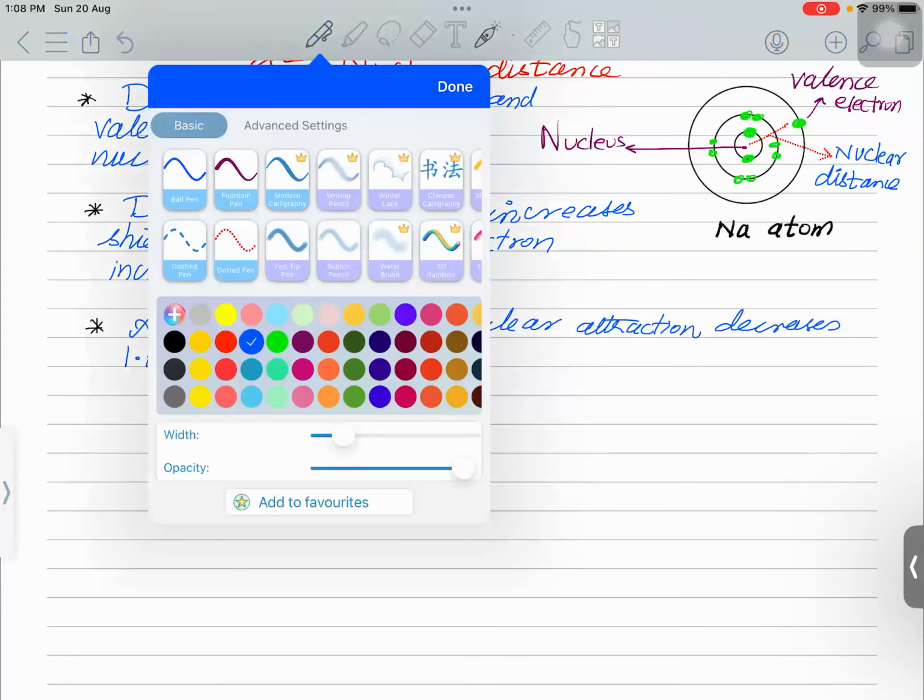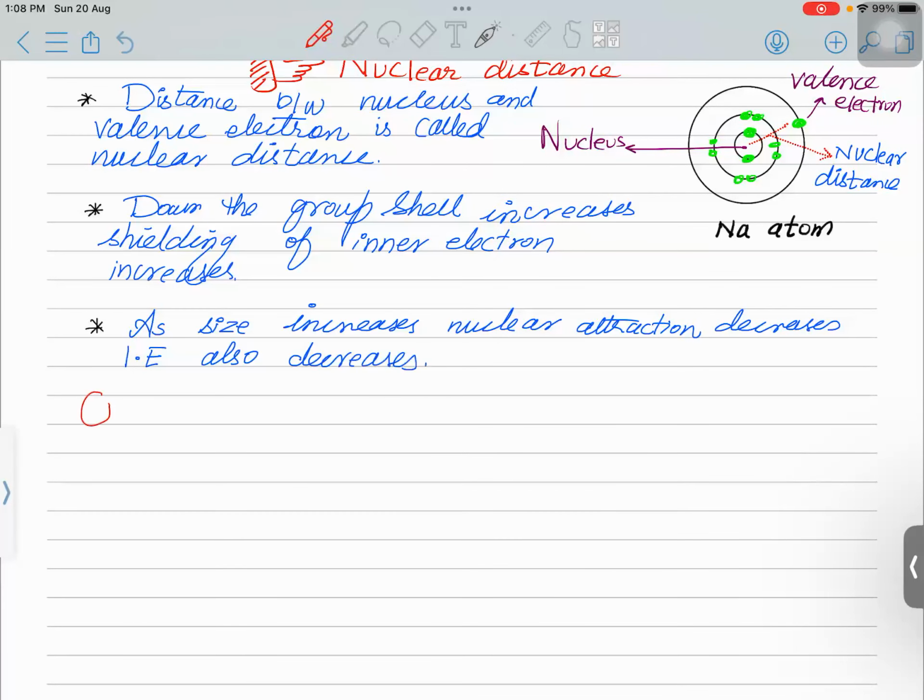Now, a question. Compare ionization energy between lithium and potassium.